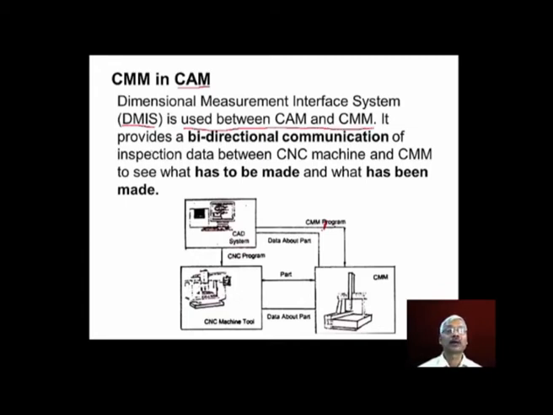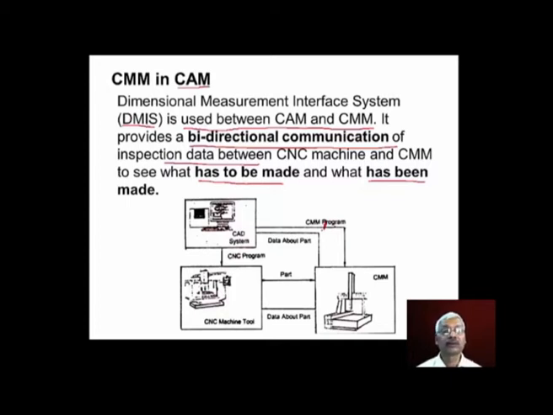This provides a bidirectional communication of inspection data between the CNC machine and coordinate measuring machine to see what has to be made and what exactly is made. That means what is intended and what is made. This difference can be assessed by using this DMIS system.